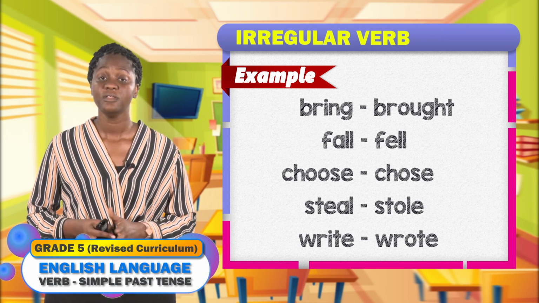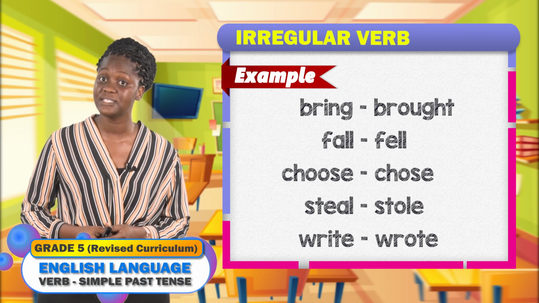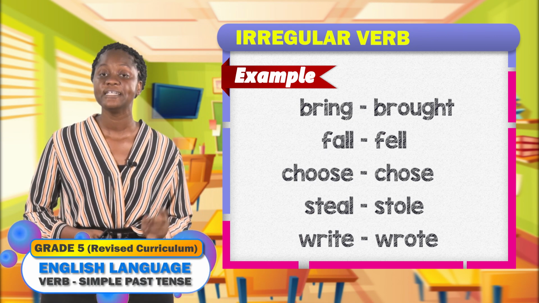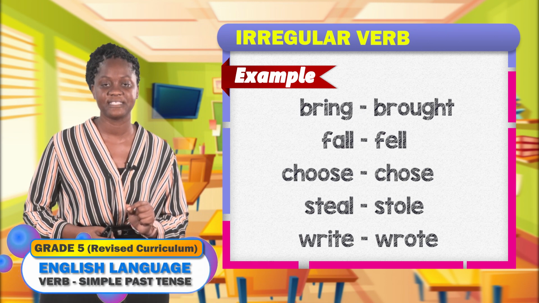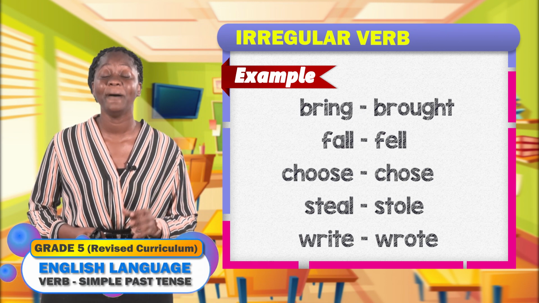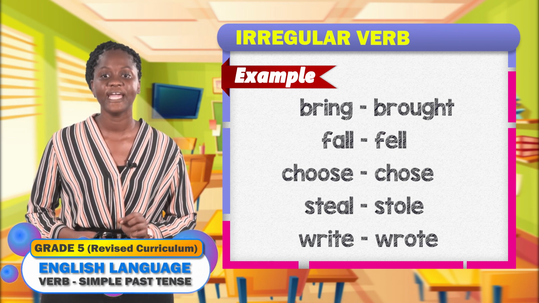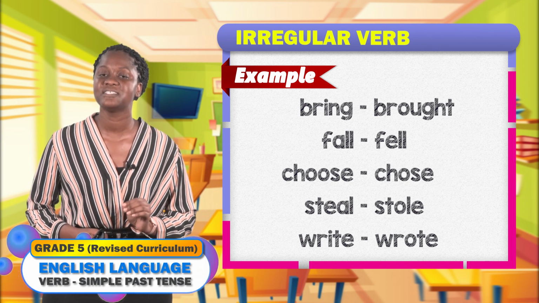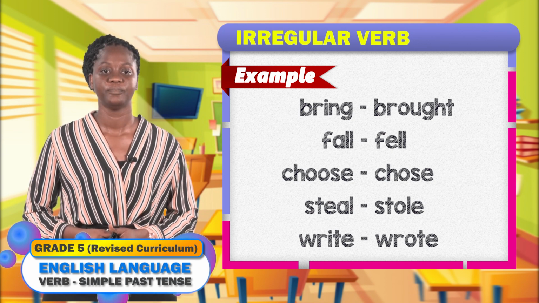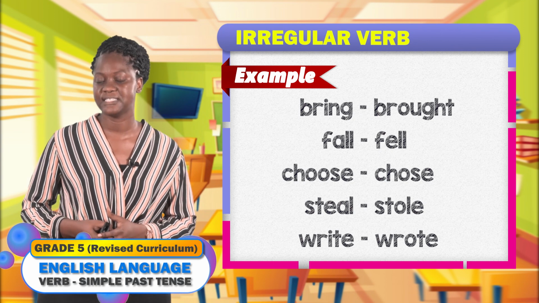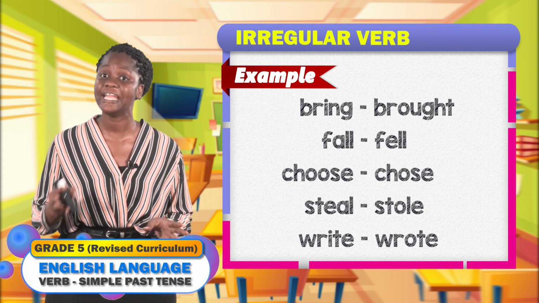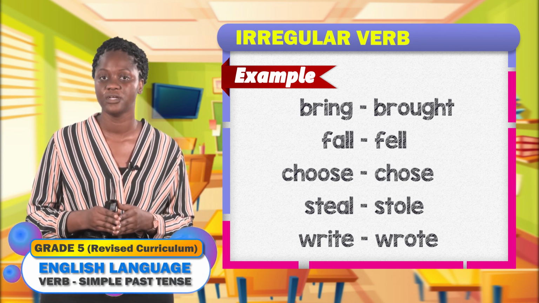The past tense of fall is fell, F-E-L-L. The past tense of choose is chose, C-H-O-S-E. And the past tense of steal is stole, S-T-O-L-E. So, these past tense do not have any particular pattern.